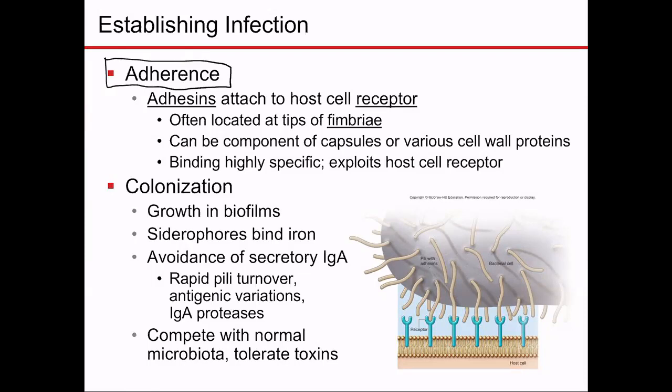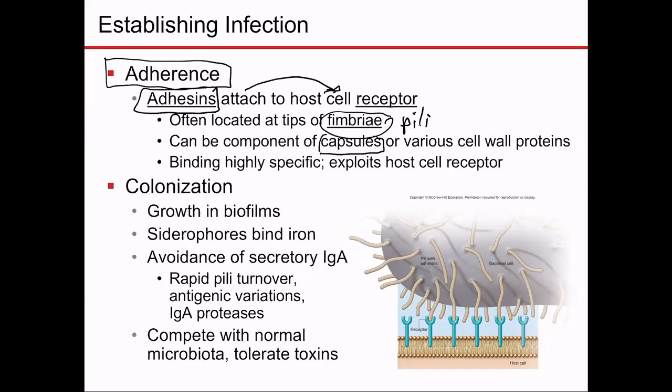And for that, the pathogen will bring what we call adhesins. Adhesins are molecules that attach to host cell receptors. Who are these adhesins? It could be, for example, part of the fimbria or the pili. It could be components of the capsule on the surface of that bacteria.